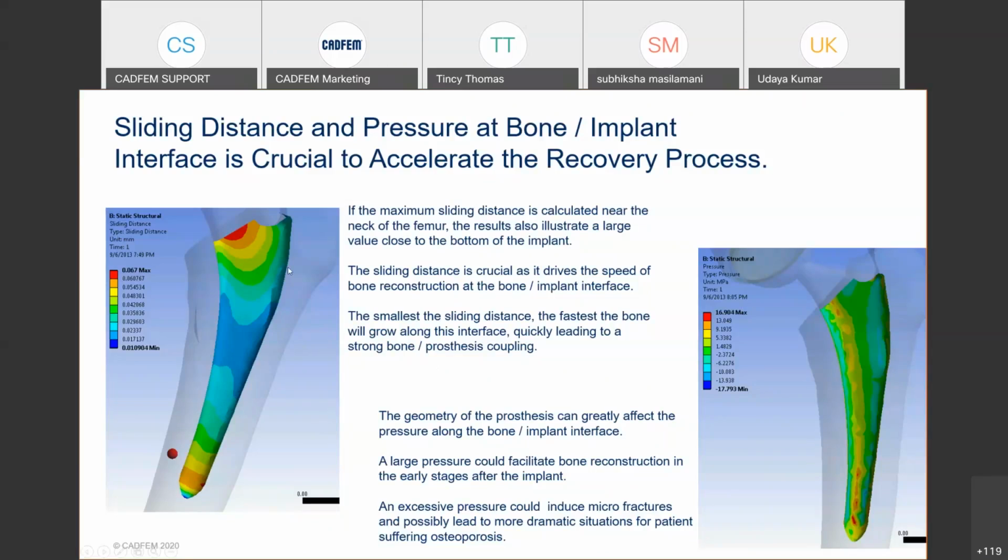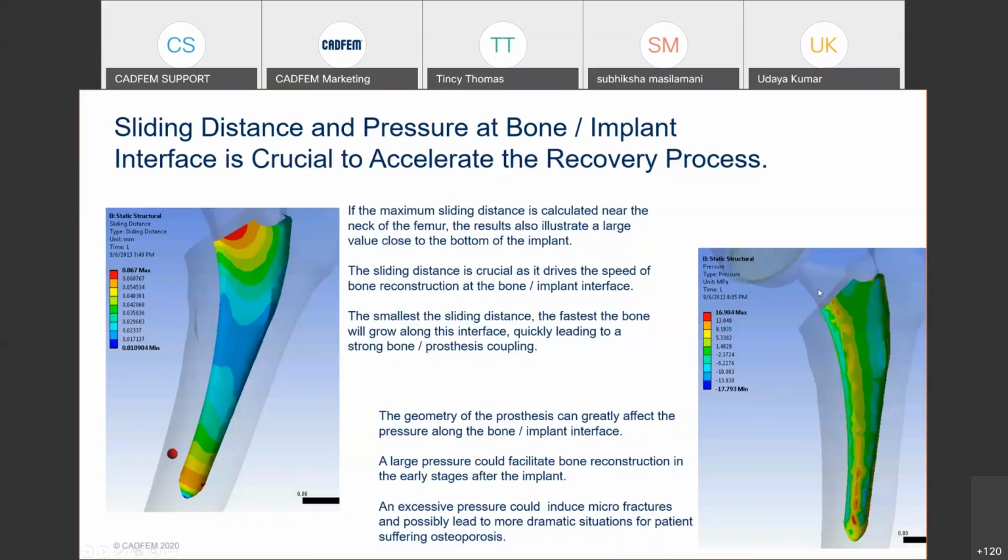Similarly, if you see the geometry of this implant kept inside the bone, how well the contact pressure is being maintained at the boundaries between the bone and the implant should also be noted, because if the contact pressure between the bone and the implant is less, that means it is easy to move. It is not holding very rigidly, so the sliding distance will increase.